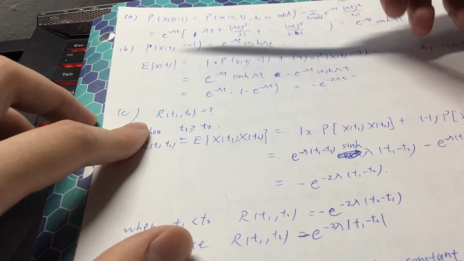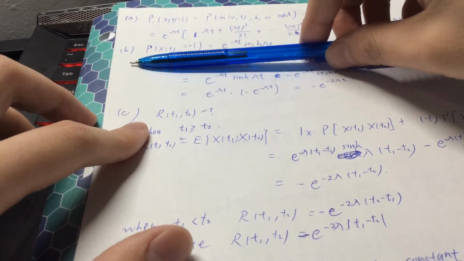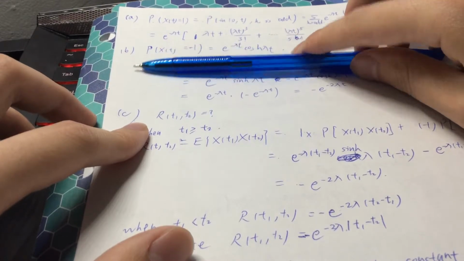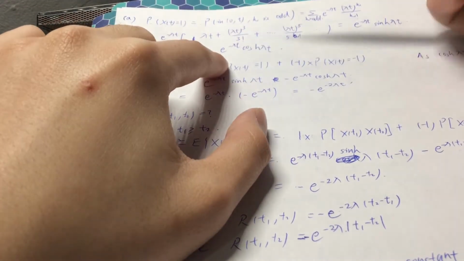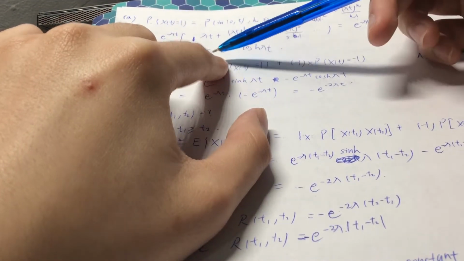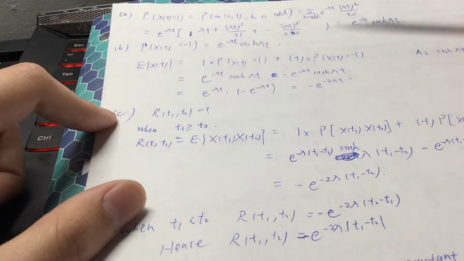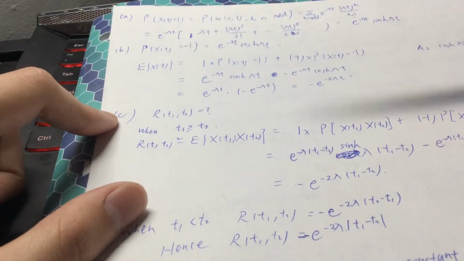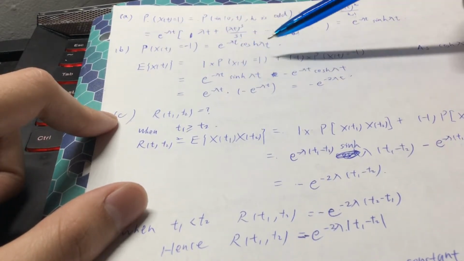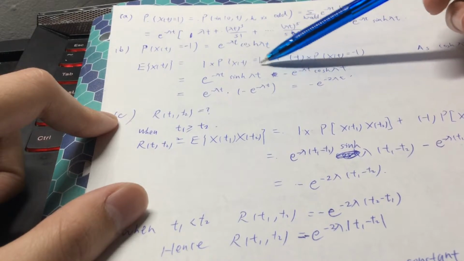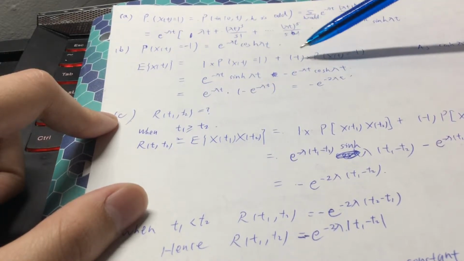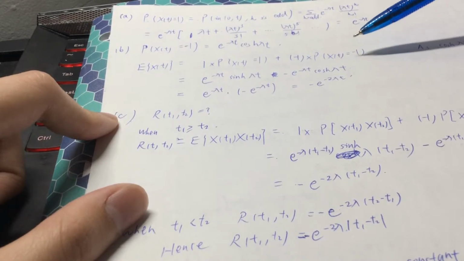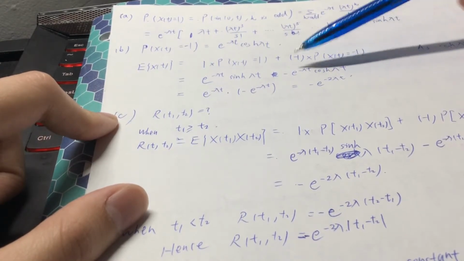Also from the lecture notes we know the probability when X(t) equals -1 is this function. So the expected value of X(t) is 1 times the probability that X(t) equals 1, plus -1 times the probability that X(t) equals -1.